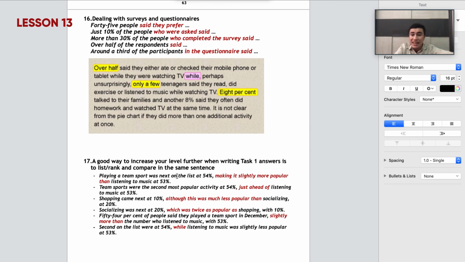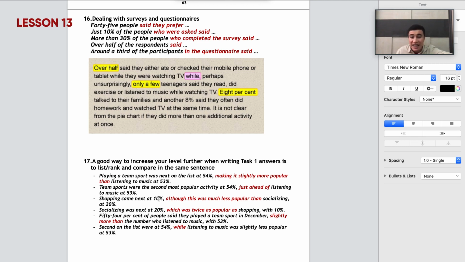Playing a team sport was next on the list at 54%, making it slightly more popular than listening to music at 53%. So as you can see, we are ordering the information and also comparing at the same time. Team sports were the second most popular activity at 54%, just ahead of listening to music at 53%.